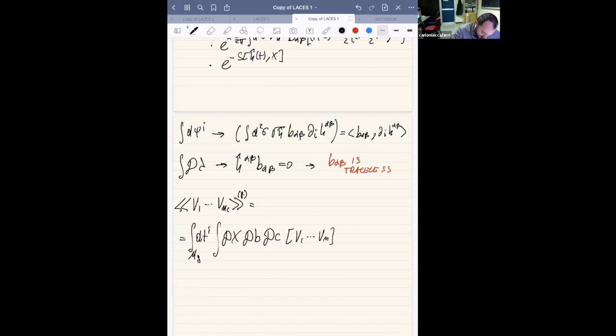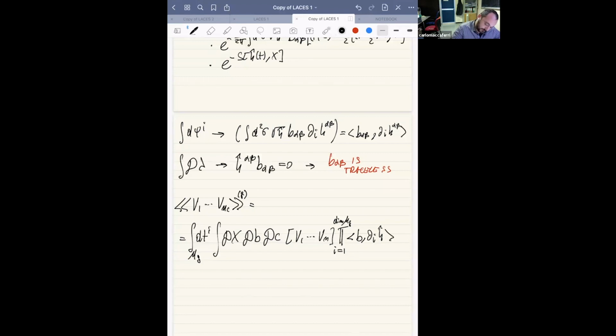Then I have insertions of these guys, one for every i, for i from 1 to the dimension of the moduli space, let me call it dim M_g, of B, d_i h.